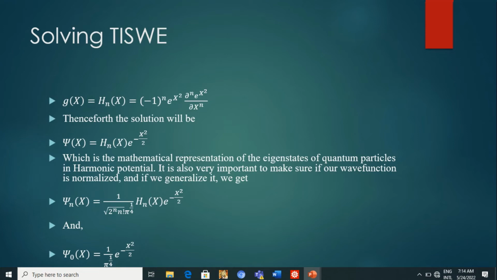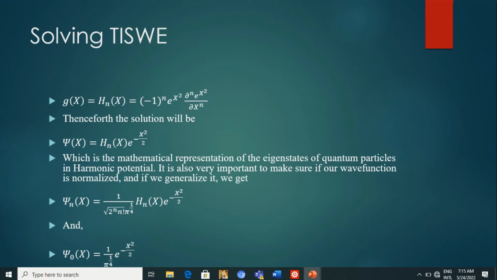Henceforth, the solution would be, if g of X is equal to Hn of X, we'll write psi of X is equal to Hn of X into e to the minus X square by 2, which is the mathematical representation of the eigenstate of quantum particles in the harmonic potential.